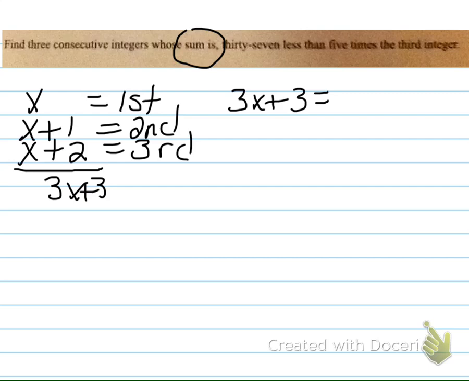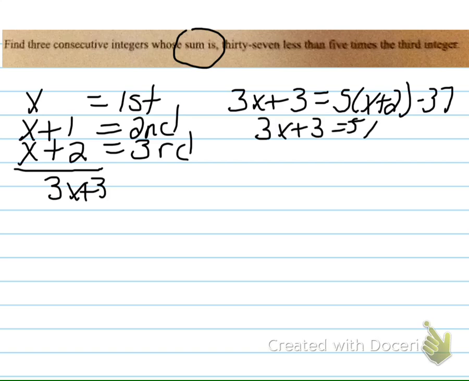Now the third integer is x plus 2, so I'm going to go 5 times the quantity, x plus 2. And then I've got to take care of that is 37 less than by subtracting 37 here. Okay, we'll use the distributive property first. So we have 3x plus 3 equals 5x plus 10 minus 37.